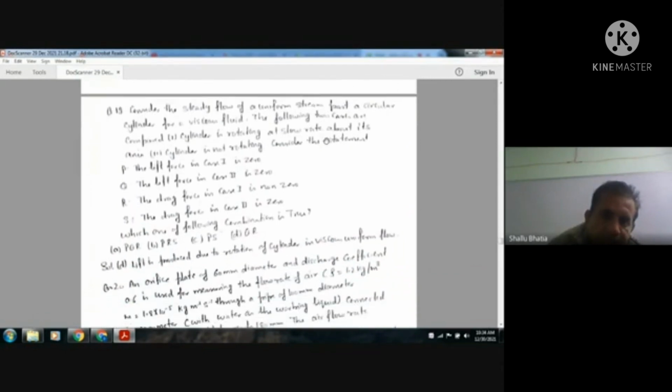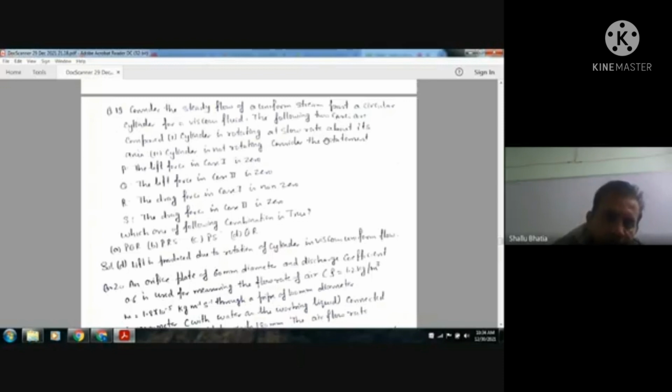consider a steady flow of a uniform stream past a circular cylinder for a viscous fluid. The following two cases are compared. One, cylinder rotating at a slow rate about its axis. Two, cylinder is not rotating. Consider the statements. P. The lift force in case 1 is 0.